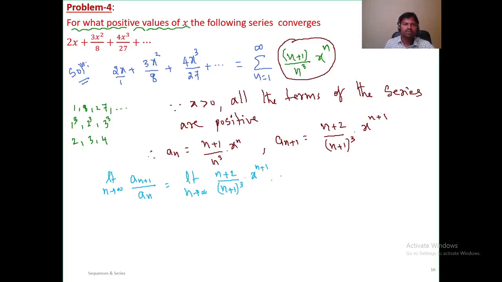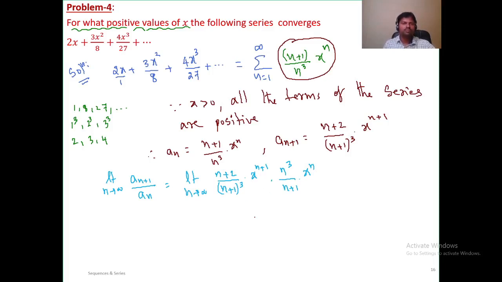So it becomes reciprocal: n cube upon n plus 1 into x power n. That's it. Now you can cancel out the similar terms. So n cube by n plus 1.